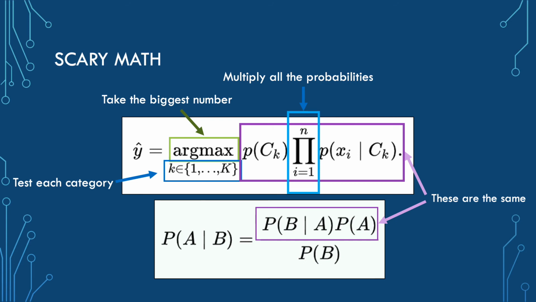In the case of our emails, whether the word paid or offer appeared, those would be features, and we multiply the probabilities of these features existing within our category of interest all together. Then we test them against every category and take the biggest number, and that's it. That's the naive Bayes algorithm exactly as we described it in the slides earlier.